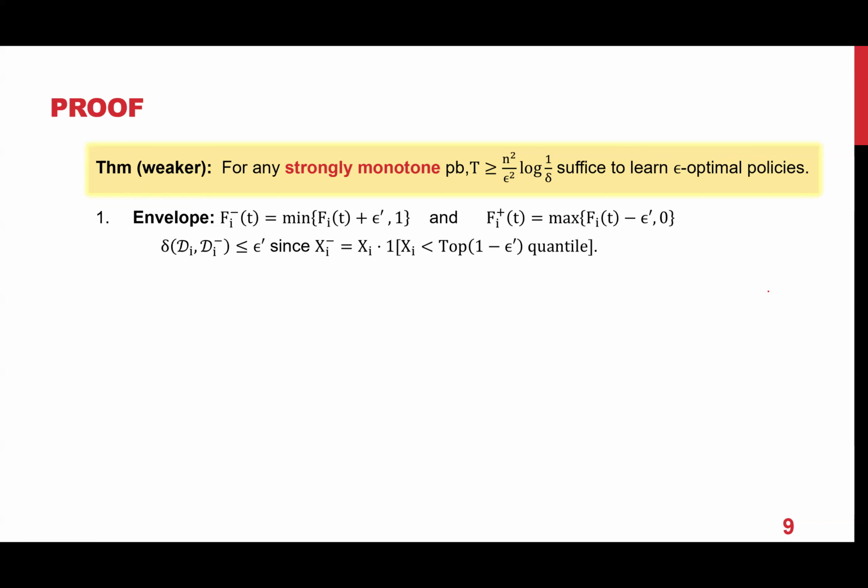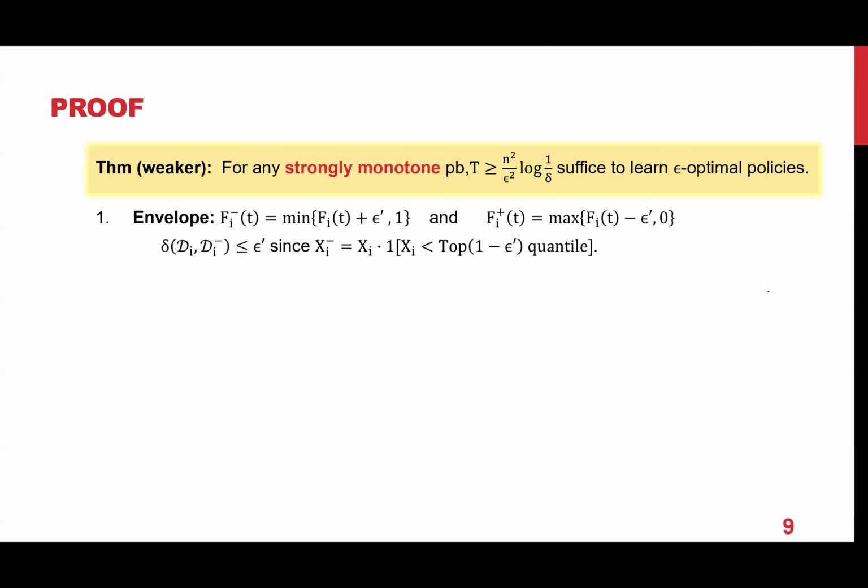Look at the true distribution. For the upper envelope, I'm just going to move the CDF by an additive epsilon prime. So at every point t, I'm just going to add an epsilon prime. Epsilon prime will be chosen to be epsilon over n.